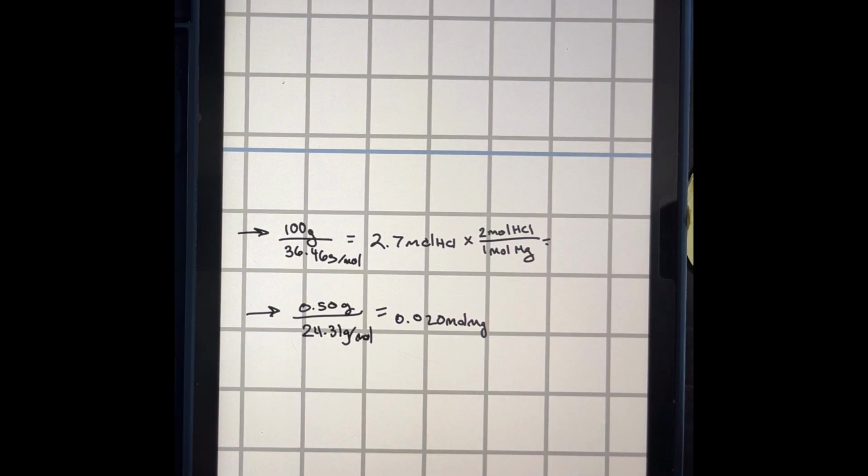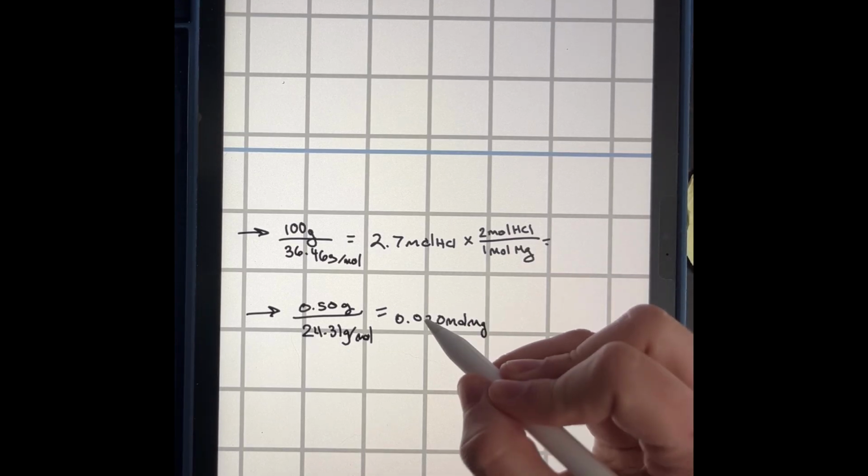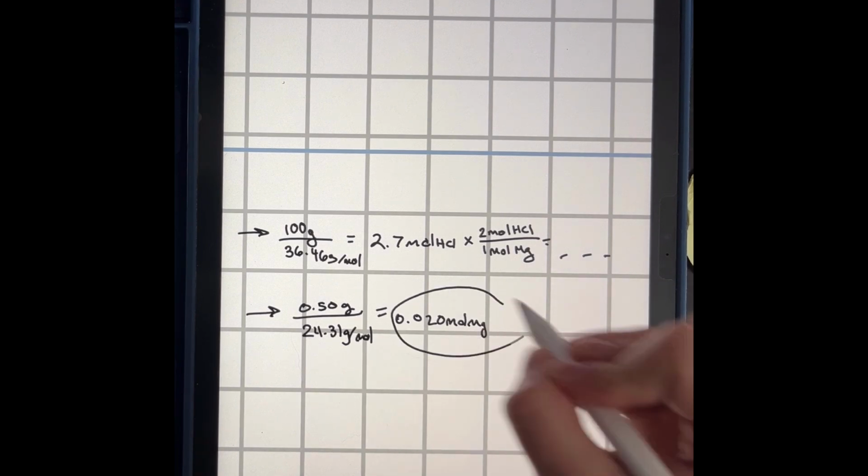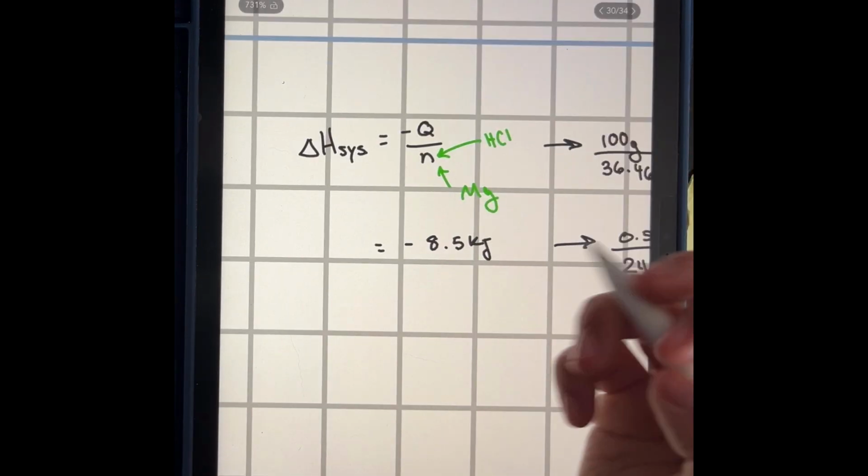It's hard to explain. Anyways, we're going to get something way higher than that, so obviously Mg is our limiting reagent, and we are going to be using the moles for this.